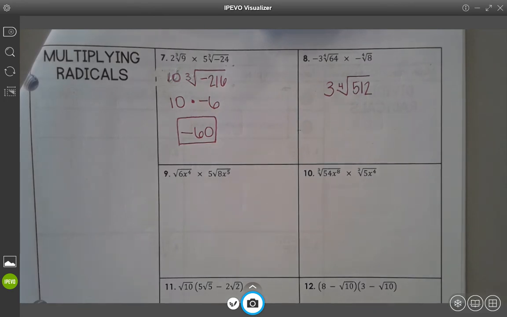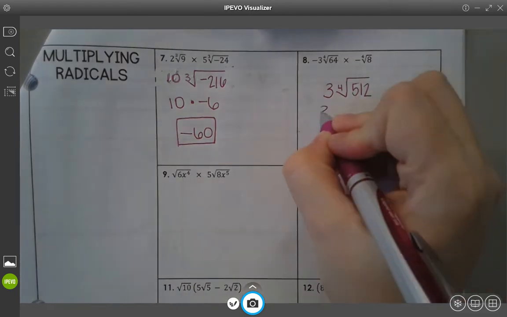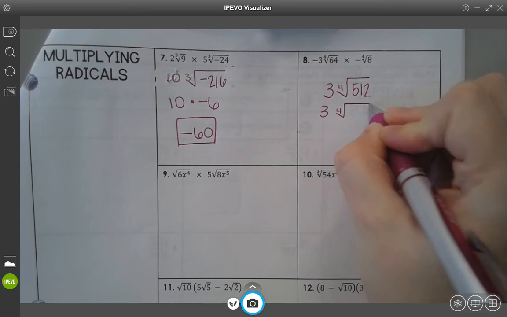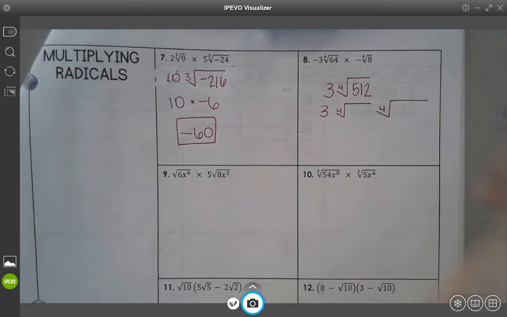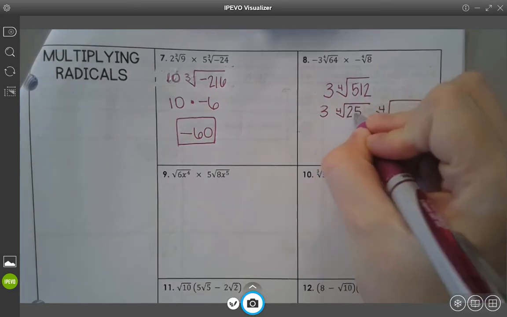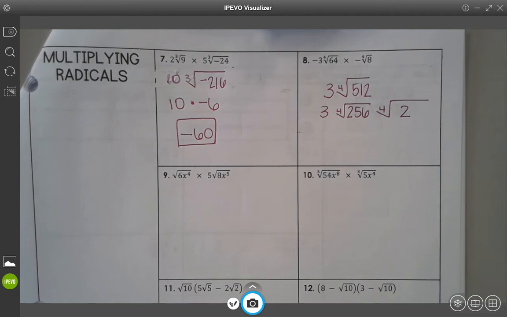What is the largest perfect fourth that goes into 512? 512 is a perfect cube, but it's not a perfect fourth. And we're doing the fourth root. 256. 256 times 2.